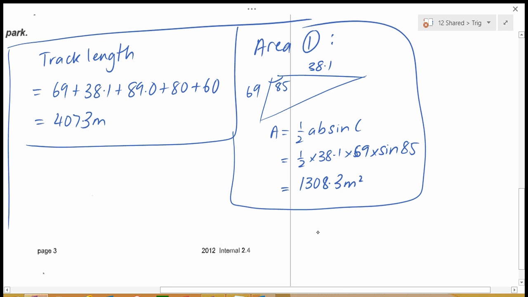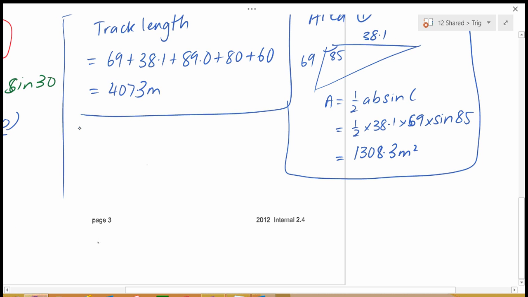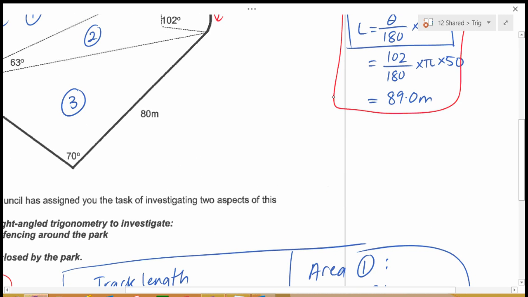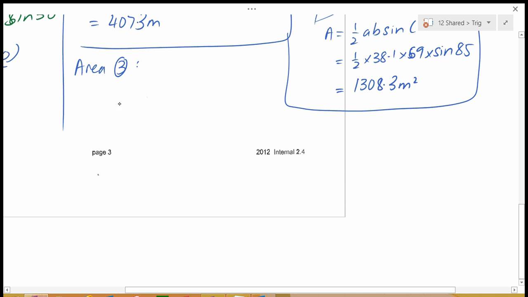Now next I'm going to do area 3, simply because it's quite easy. So area 3, and I'll draw that triangle out as well. So that triangle looks a little bit like this, where we've got 80 and 60, and the angle in there is 70.